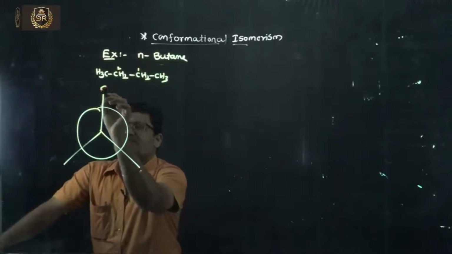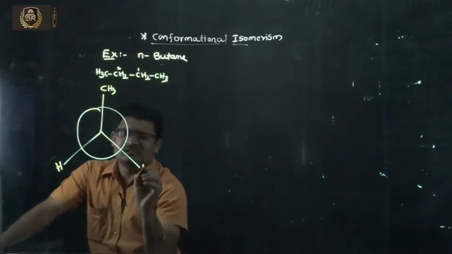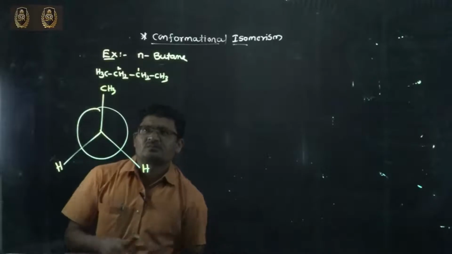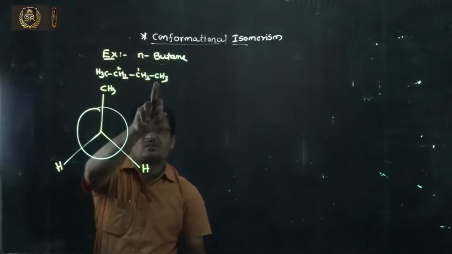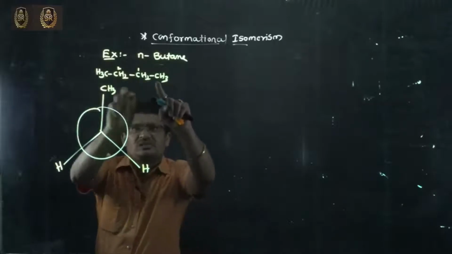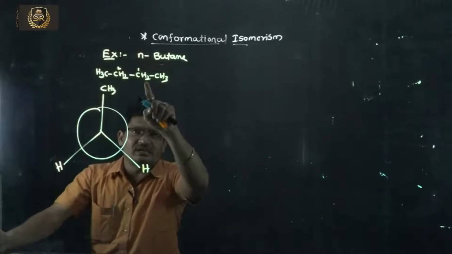In this one, here what happened? CH3, this is H, this is H. That means this carbon contains one CH3 group and two hydrogens.